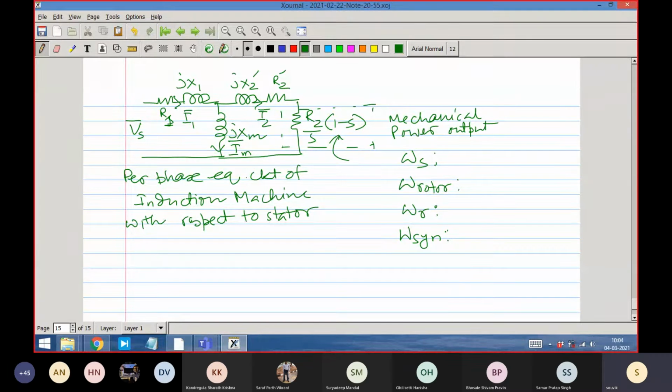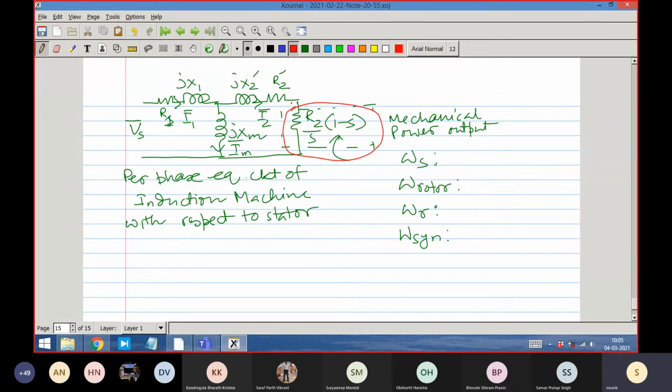So you have seen the physical meaning of this. This is the port R2 by S into 1 minus S, which we identified as the port through which mechanical power is output, but electrically it looks like a short. Electrically it looks as if there is no electrical power output.